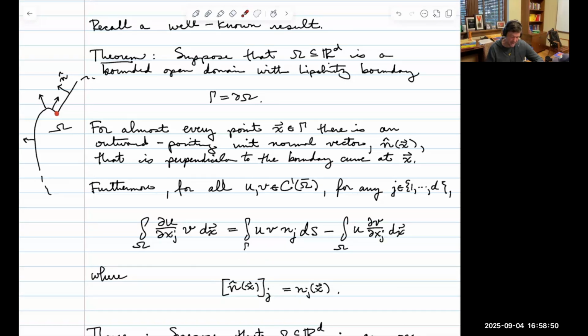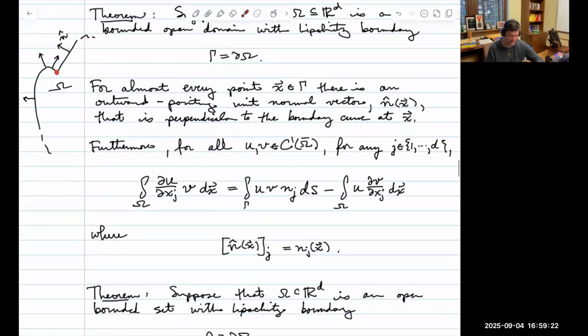What is the form of the boundary term? It has no derivative on u or v, and it has a component of the normal vector in the jth direction. Remember, we said this is defined almost everywhere. That's good enough to do an integration. This is my boundary integral term. This nj here is the jth component of my outward pointing unit normal, which exists almost everywhere.